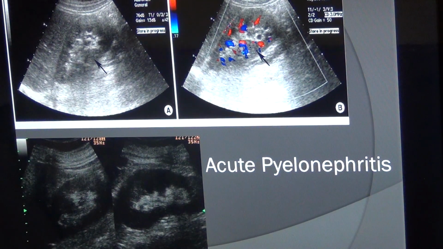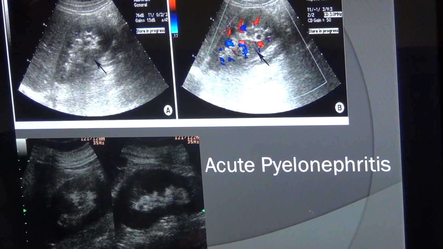pyelonephritis. In acute pyelonephritis, you will see there is huge fever, pain, radiating pain, and you will see the color of the urine has changed. Okay, protein loss, blood loss. Then you will see the collecting systems, that is minor calyx, major calyx, and the renal pelvis.